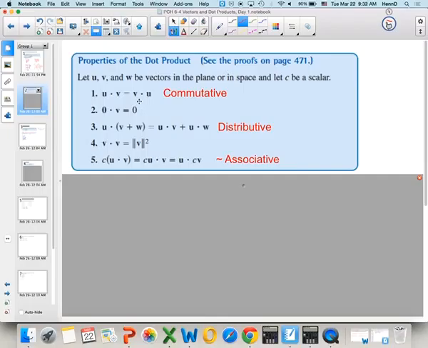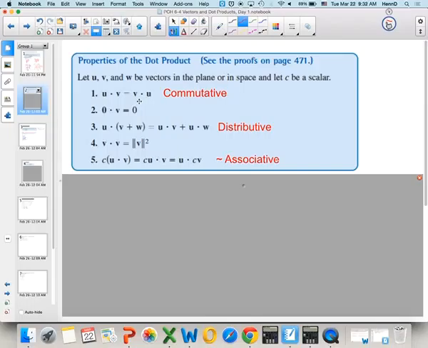Number 3, we have u dot the quantity of v plus w. So here we have some vector addition, and if we're doing the dot product, we can distribute that u into both of them. So it's u dot v plus u dot w. So the distributive property works.